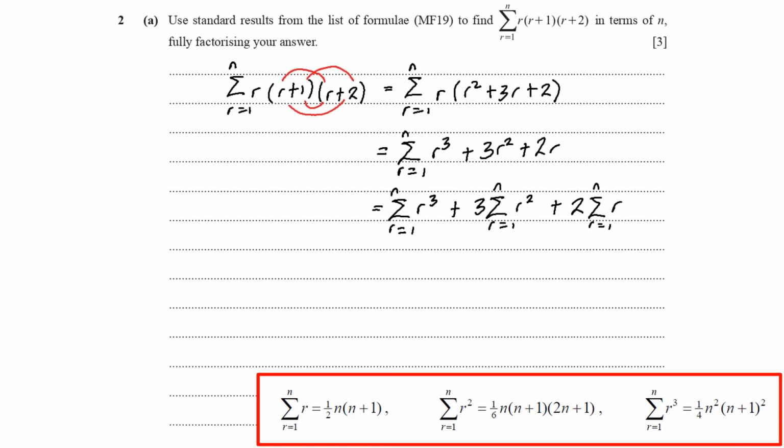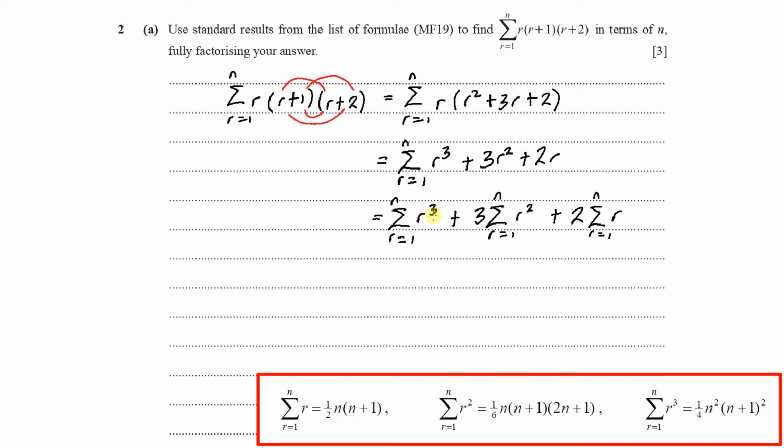So we can now use the standard results, and I'll start from here for the sake of space.